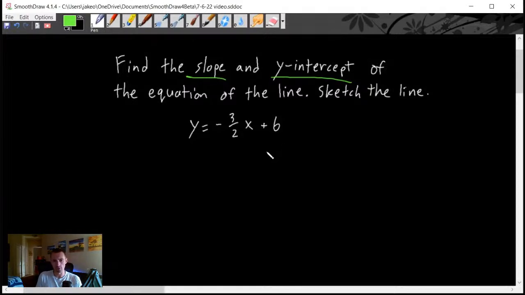Fortunately, the form this linear function is in already is the slope-intercept form. The reason it's called that is because the numbers in our equation are the slope and the y-intercept of the line.